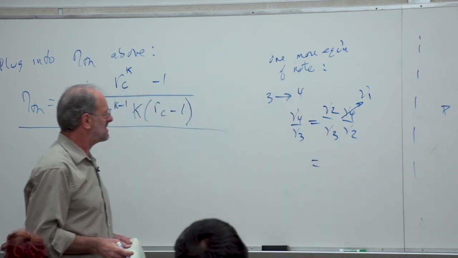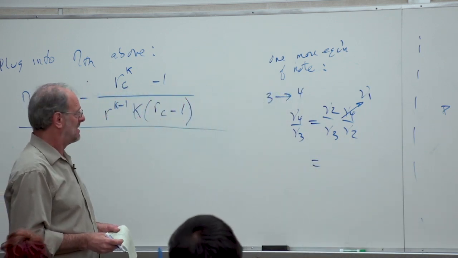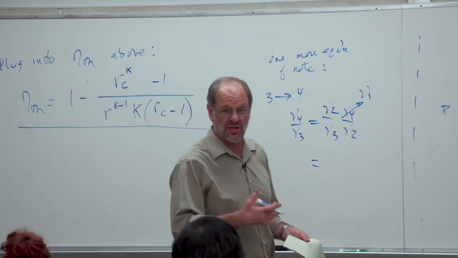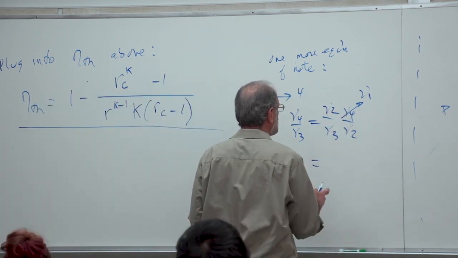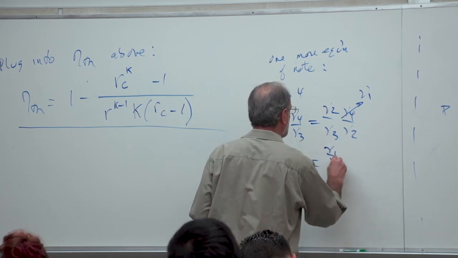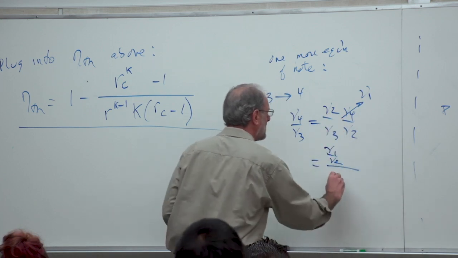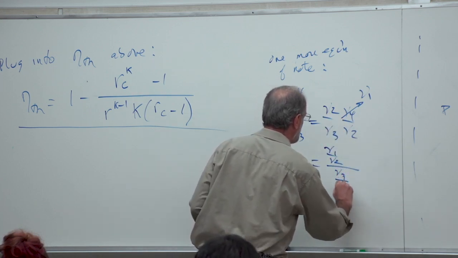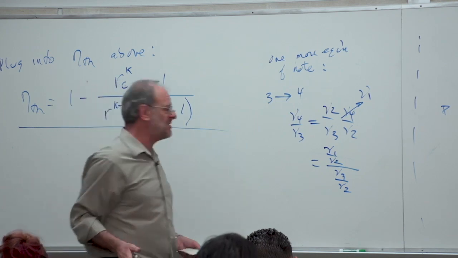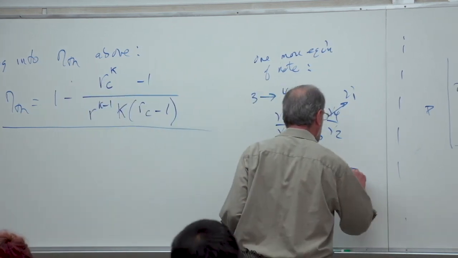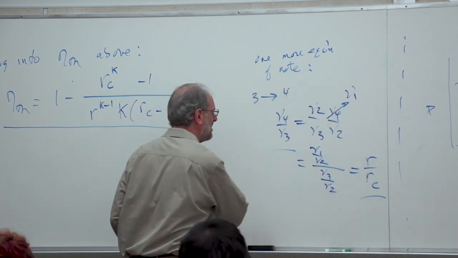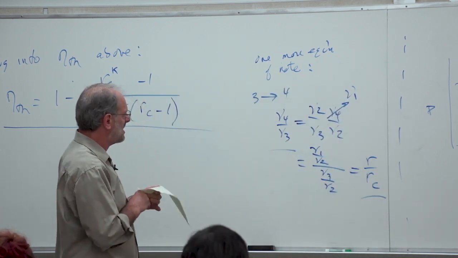And now hopefully you can see that that's really just the ratio of the compression ratio to the cutoff ratio, right? I can rewrite this if I want to. I can just write this as V1 over V2 and then call this V3 over V2 into the denominator, compression ratio over cutoff ratio. Okay, so this is another equation that's going to be useful to us.